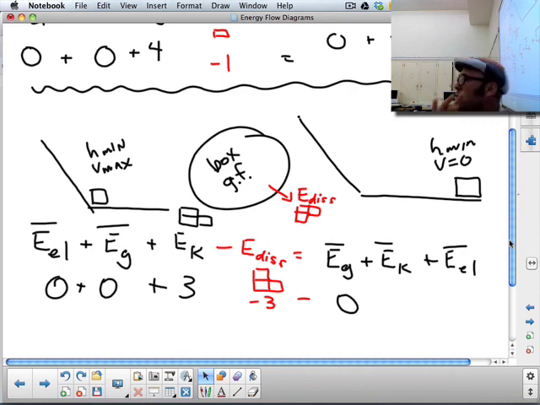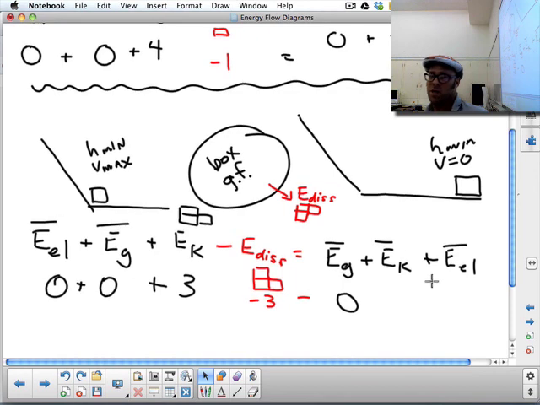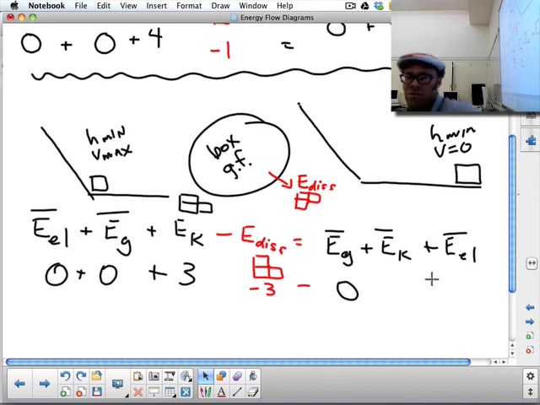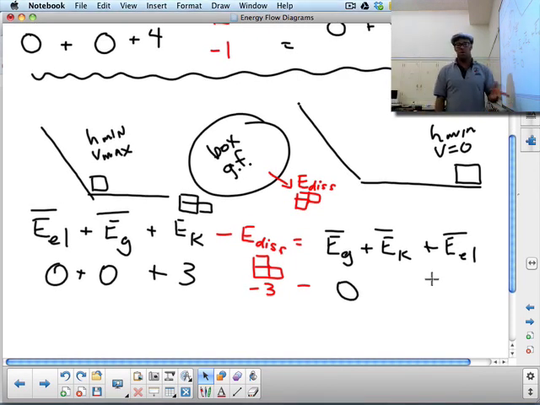Do you think this is the only way to do this problem? Let me just point something out really quick. Another way to do this problem, I'm not recommending any particular way, but if we added the surface to our system, what would happen to ES? That energy wouldn't be leaving our system.